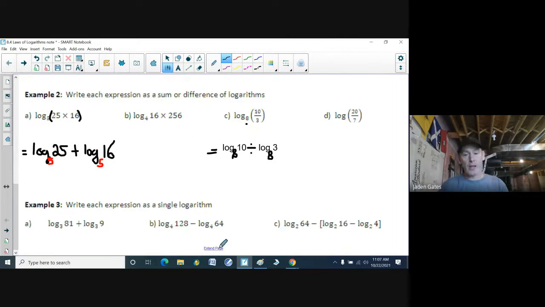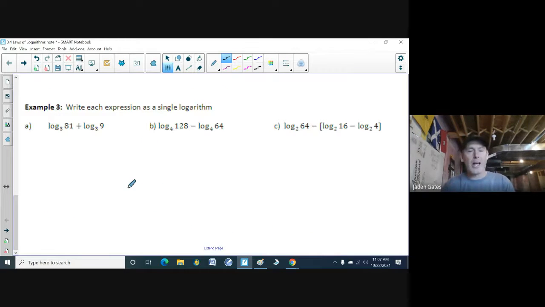Going the other way. Here in example 2, like I said, we just wrote the log in long form or split it up. Example 3, I want to work the other way where I am simplifying. When I have the log of 81 plus the log of 9, and both have a base of 3, that plus sign means I can write it as a single log, but with multiplying.